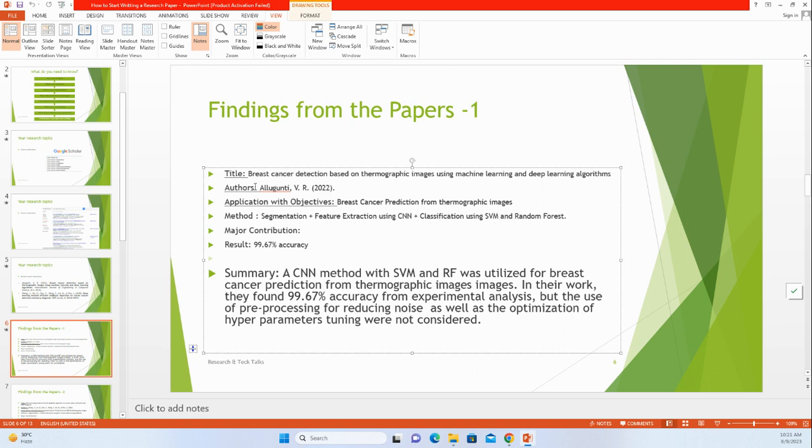So from these five things, if we summarize the result, how can we write it as a sentence?